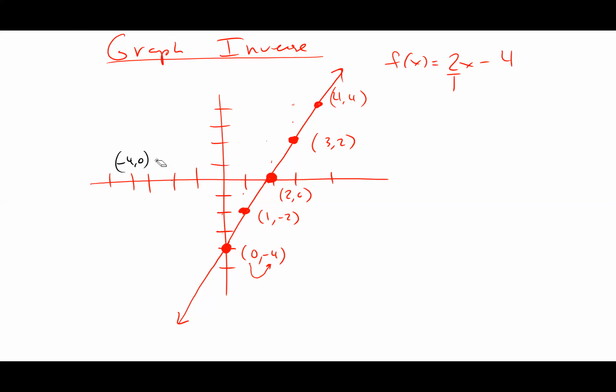No, that's not negative 4, 0. Negative 2, 1. 0, 2. 2, 3. Are we good there? Hey, that's weird. 4, 4 is going to become 4, 4.